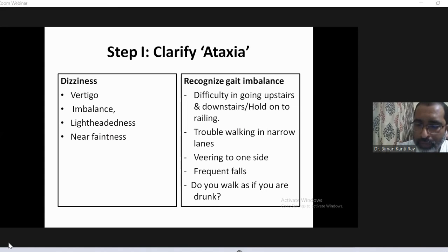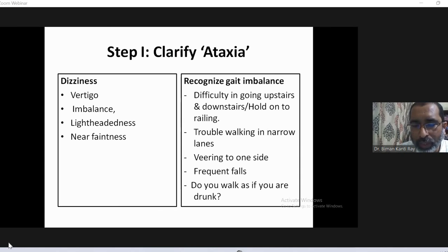So in the first step, you have to clarify what exactly is meant by ataxia. In this particular patient, he has presented with imbalance while walking. But you must remember, sometimes the patient may not give this type of clear-cut history.